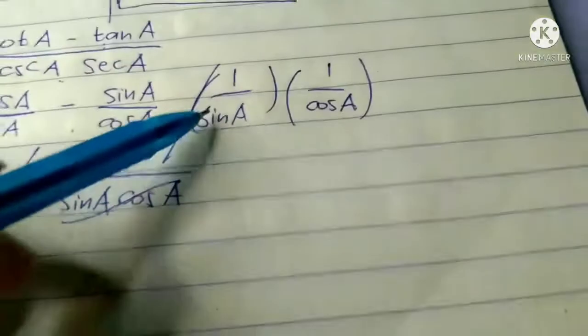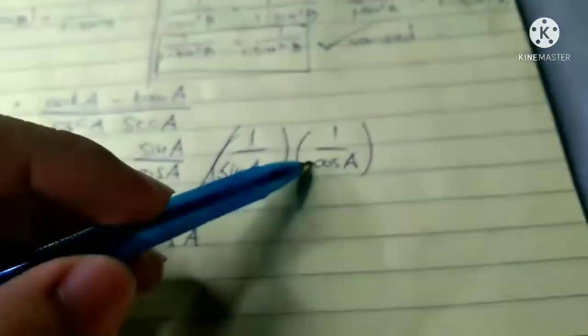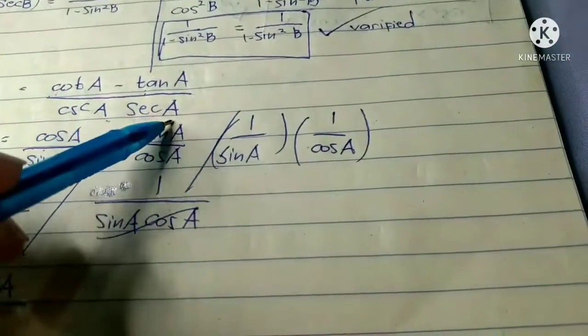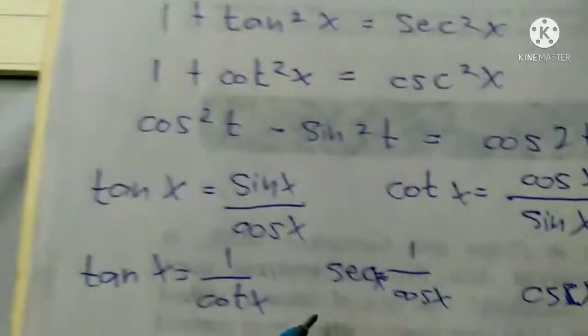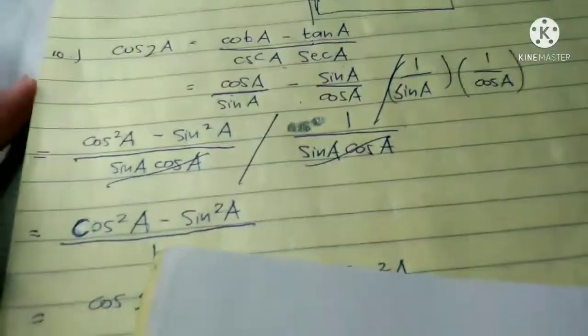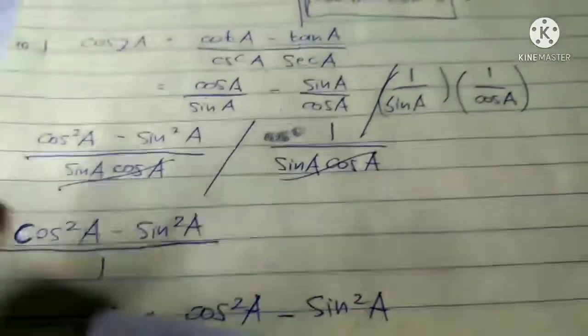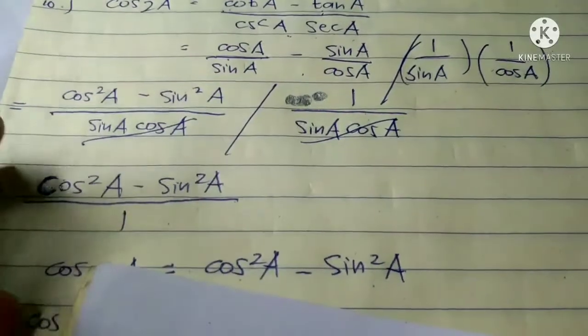So now I put here 1 over sine A, multiplied by our secant A. So our secant here is 1 over cosine x. So we can write 1 over cosine A. Now we can solve and simplify.